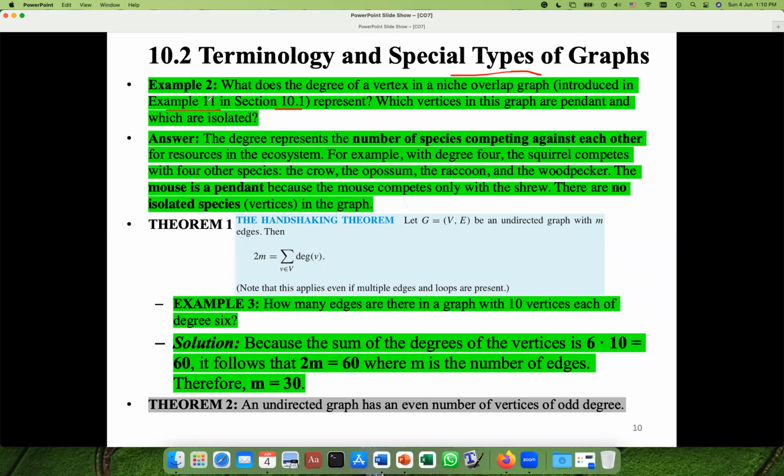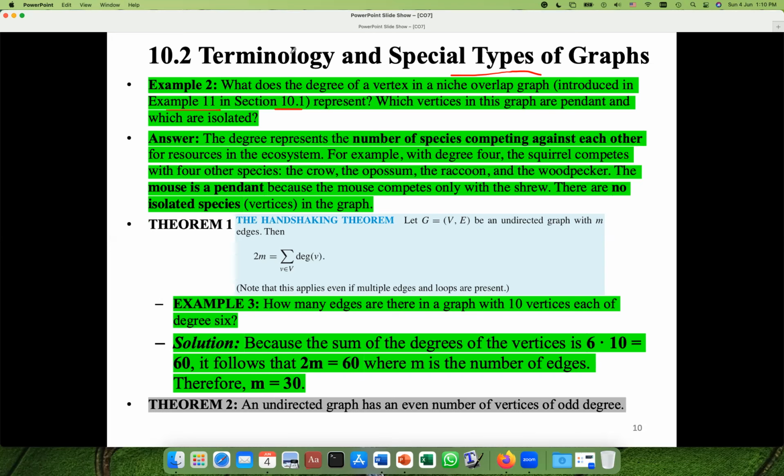The question is not asking for the degree of each vertex. What is the meaning of the degree there?